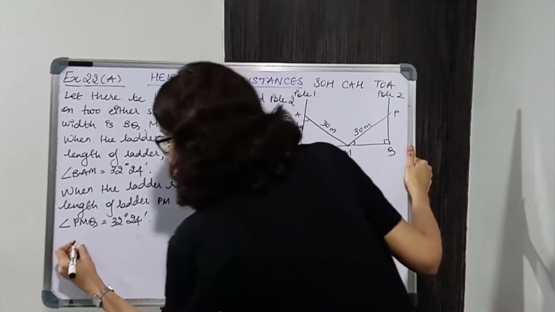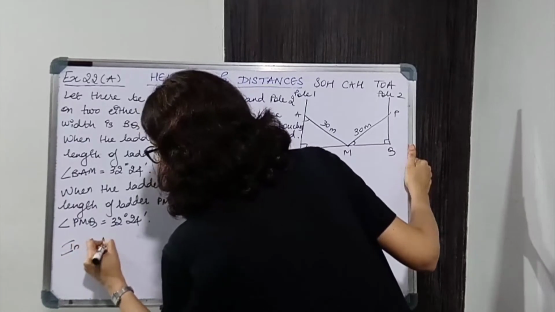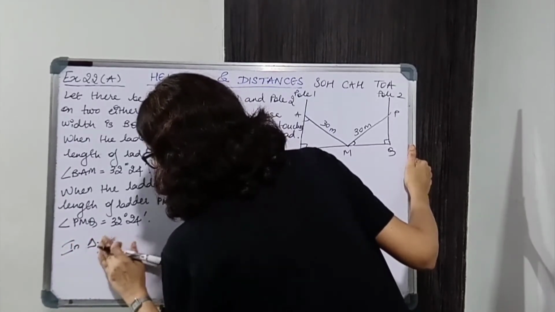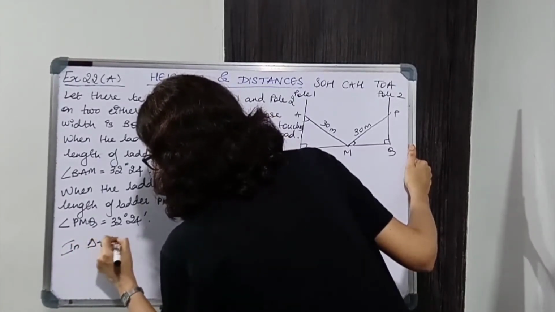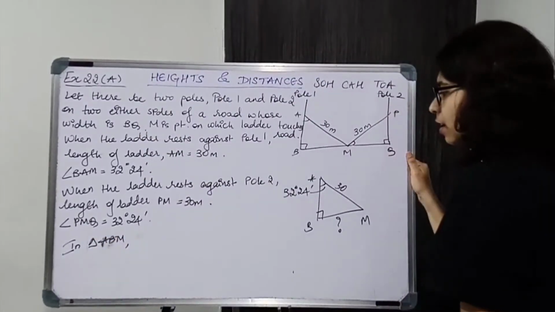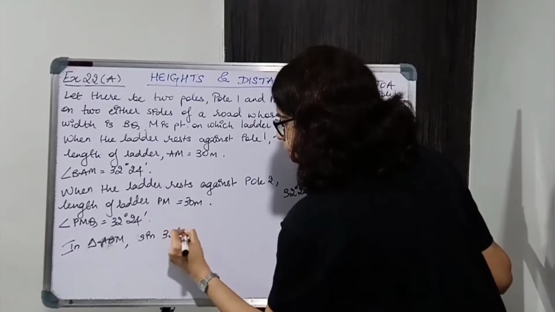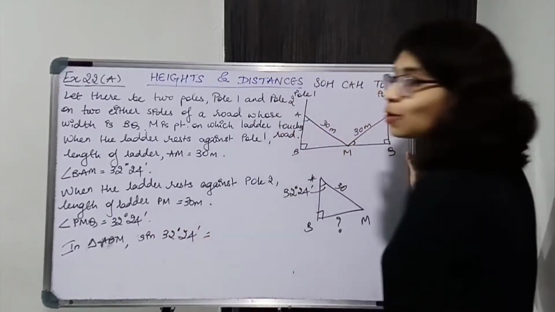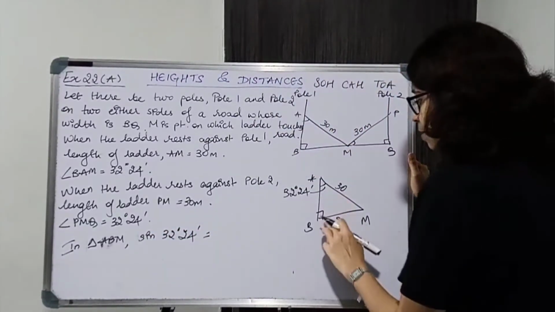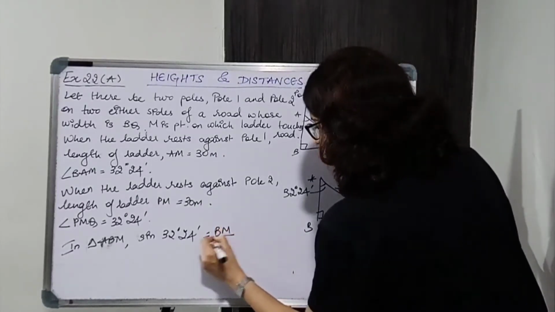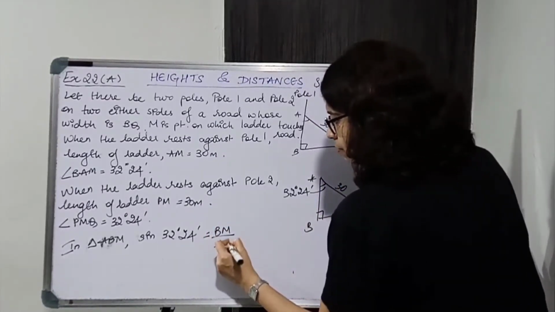So in triangle ABM, sine of 32 degrees 24 minutes is opposite upon hypotenuse. Opposite is BM and hypotenuse is AM.